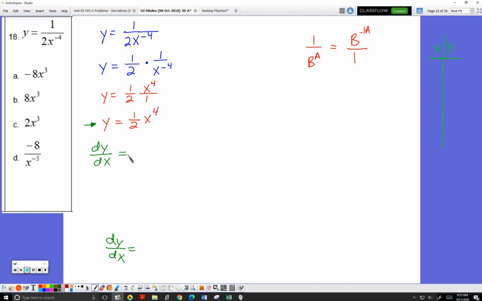Cool. Now you take advantage of the most important part of this class, the equal sign. You say, hey, I have a rule sheet. Oh, no, not yet, sorry. I take advantage of the fact that y and this expression are exactly the same thing.